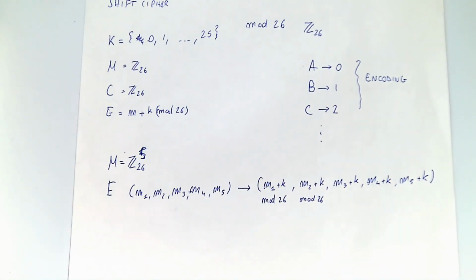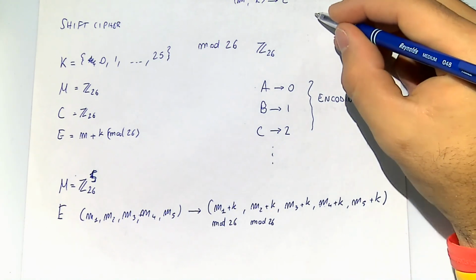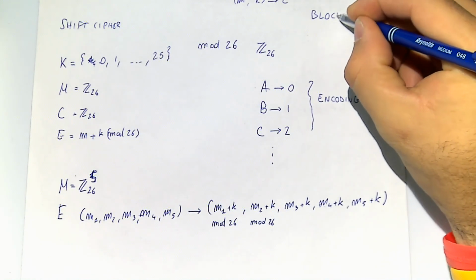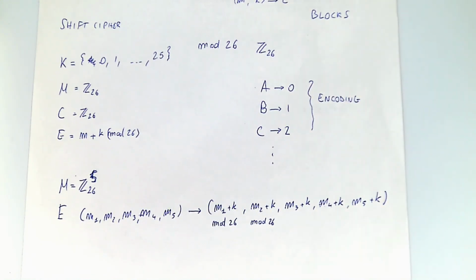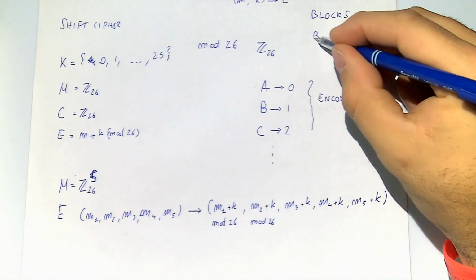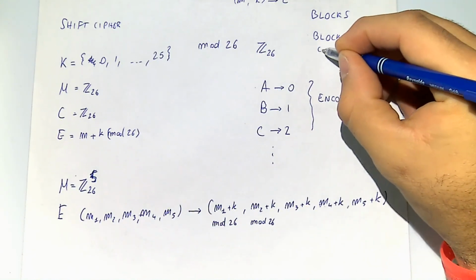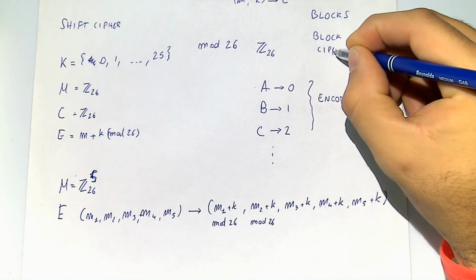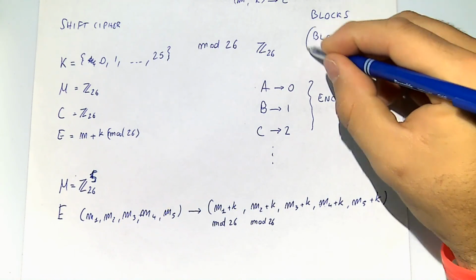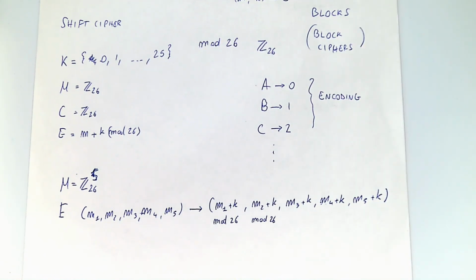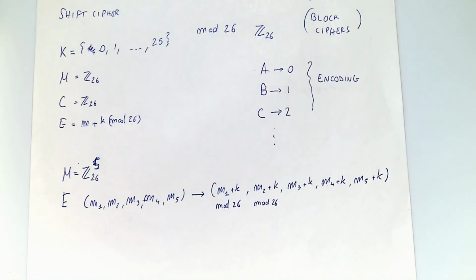So with a shift cipher, we have a freedom to define our plaintext space and ciphertext space. But one notion that you can already extrapolate is that we talk about blocks of information. Normally these things are called block ciphers, because they apply the key to a block, and then once you exceed the block length, you just do it again.